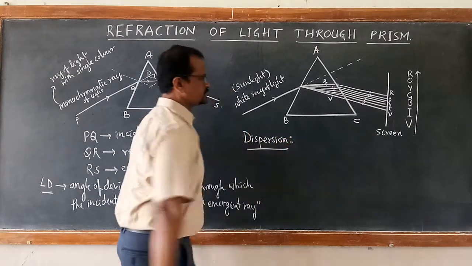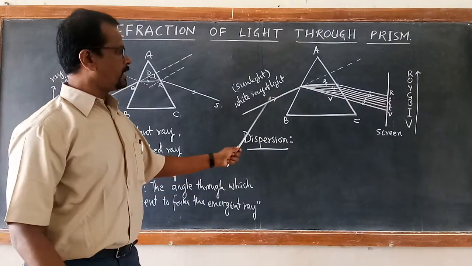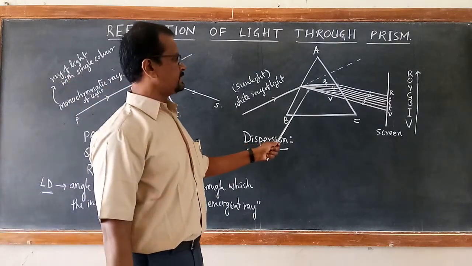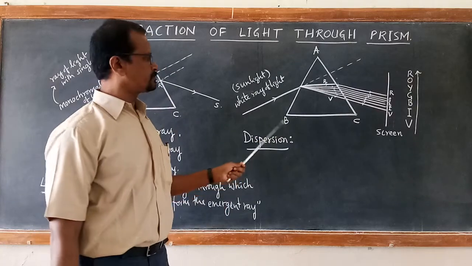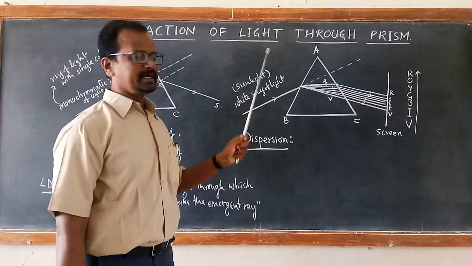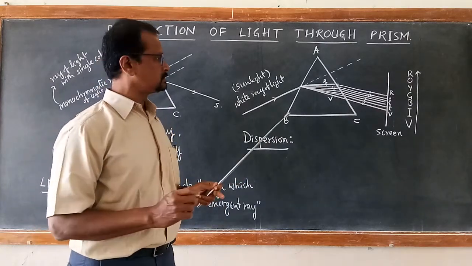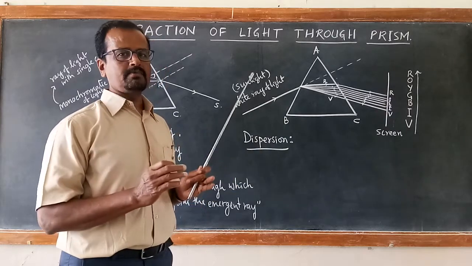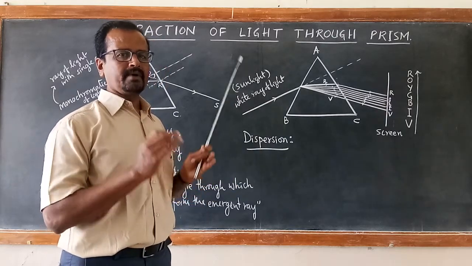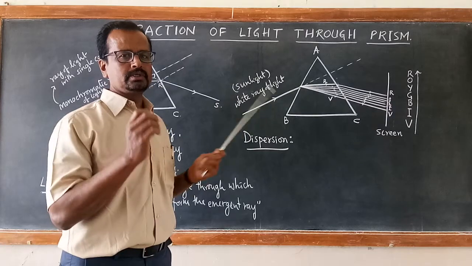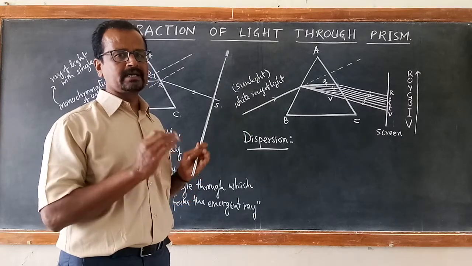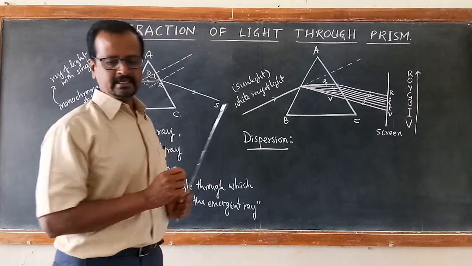What is the meaning of dispersion? When a white ray of light is incident on a glass prism, it splits into 7 colors. This process of splitting up of white ray of light into its constituent 7 colors is called as dispersion.